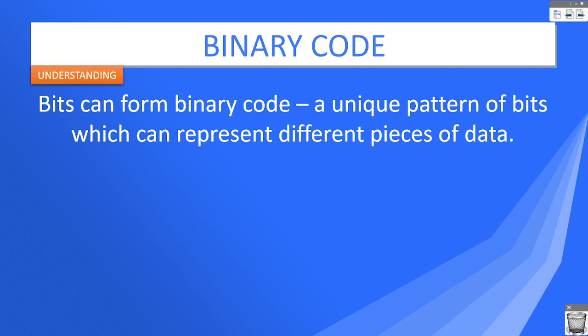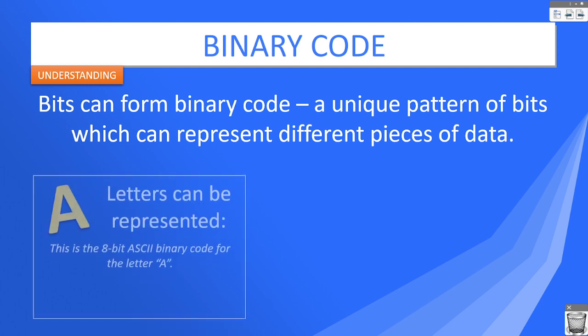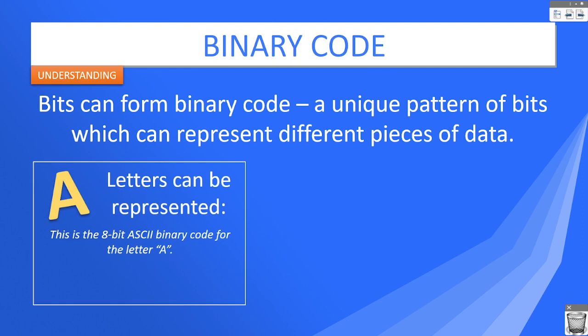Think about binary code now. Bits can form binary code, and we know that because it's a unique pattern of bits that represent different pieces of data. Ultimately, we can represent things like letters or symbols from the alphabet, characters if you will. For example, letter A is an 8-bit ASCII binary code and would be represented as a series of ones and zeros, shown here.